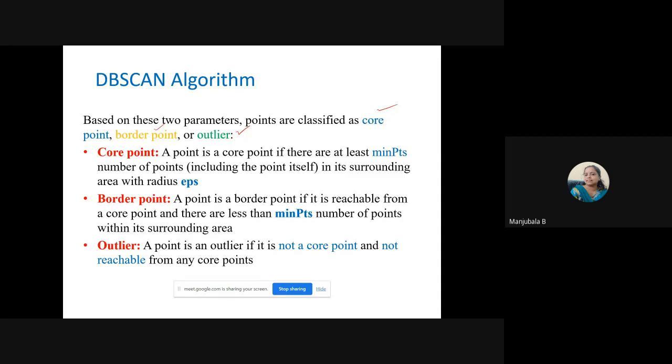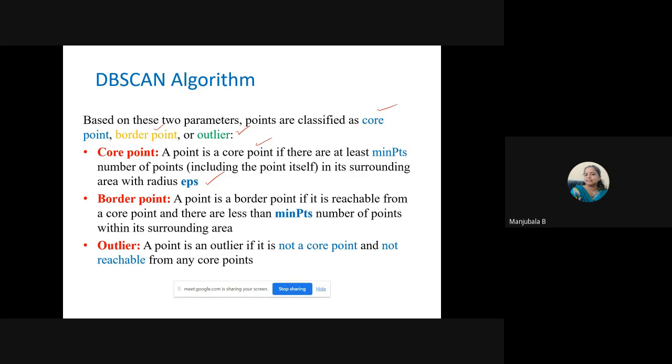So when is a point said to be a core point? A point is a core point if there are at least MinPts number of points in its surrounding with radius EPS, because we have considered EPS as the distance for the neighborhood, right?